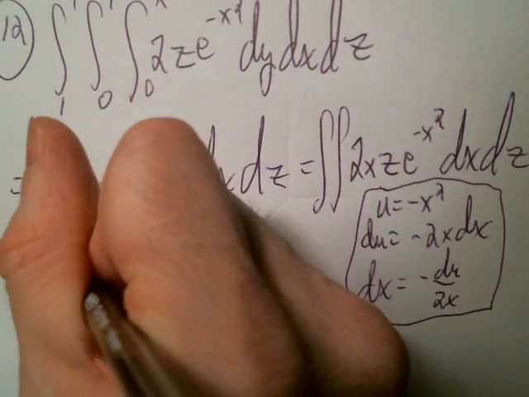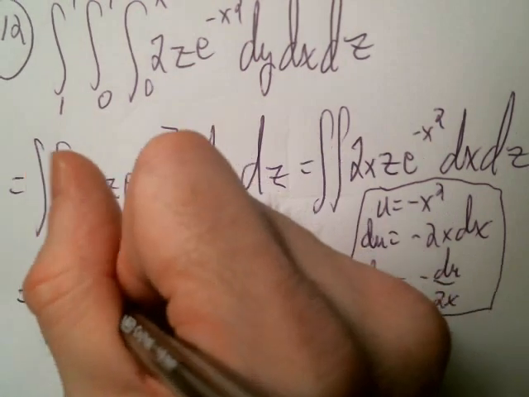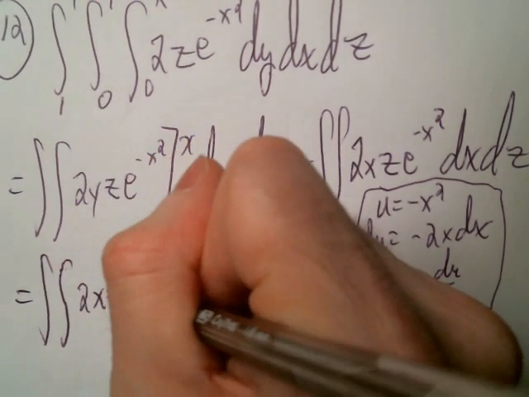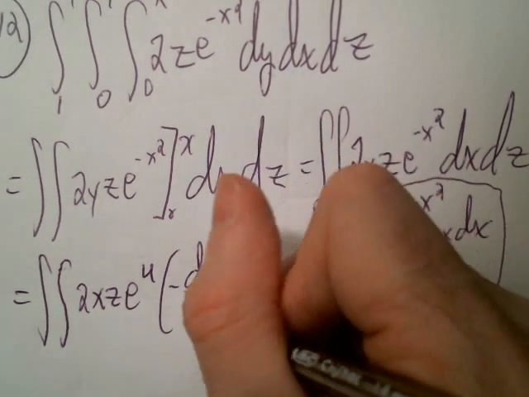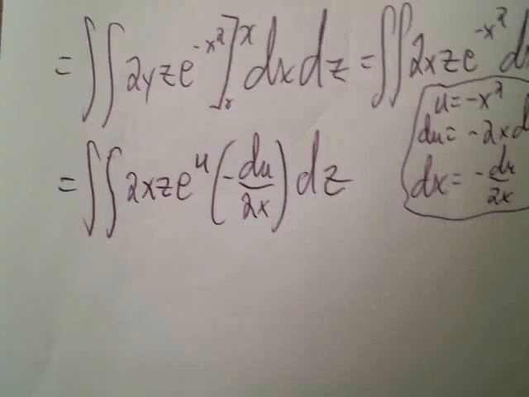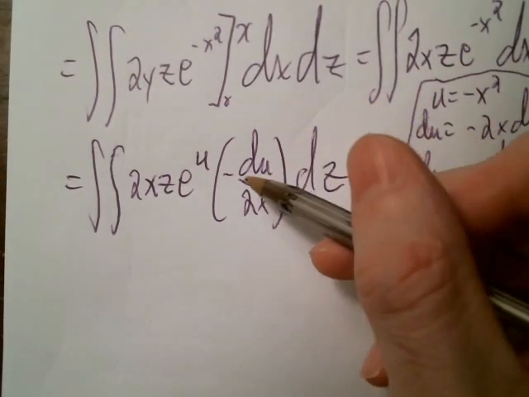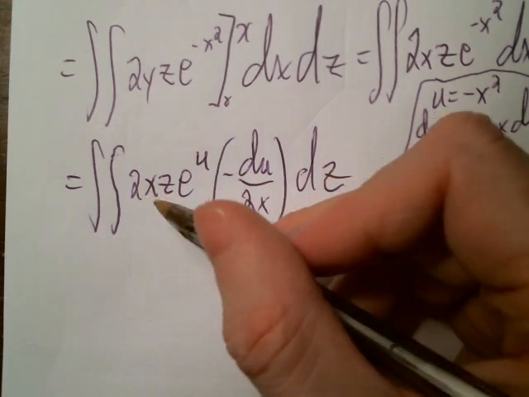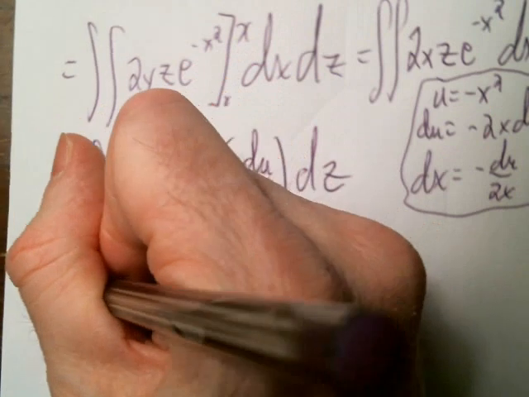So you have double integral of what? 2xz e to now the u power times negative du all over 2x. Okay, and then dz. Negative 1 over 2x times 2x is going to just give you negative 1, so I could factor out a negative.